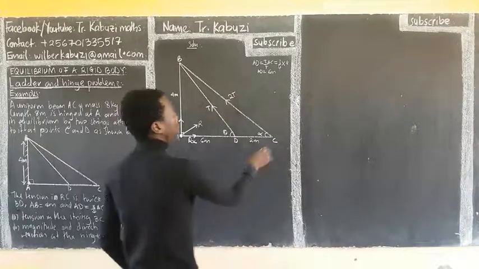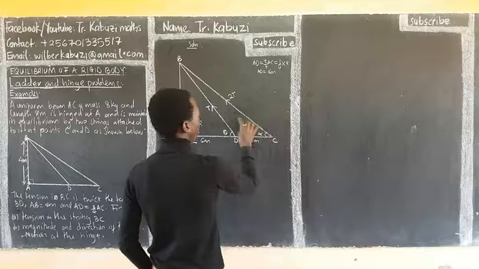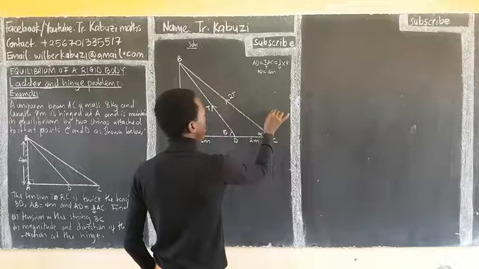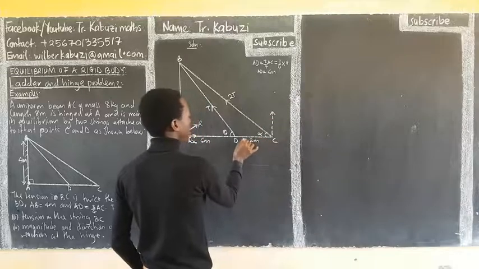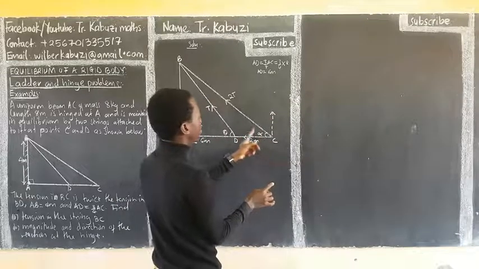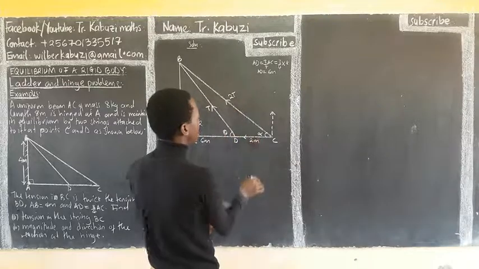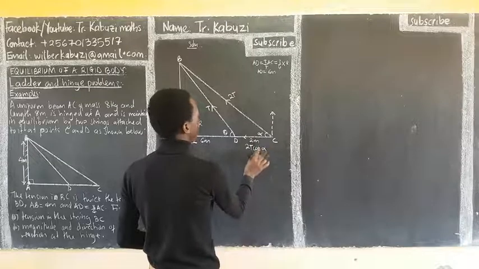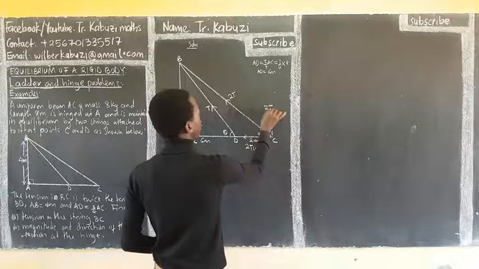Now, if I try to resolve this 2T, I'm going to have this case here. Be careful, and then I'm going to have this here. This is adjacent, so this is going to be 2T cos alpha. This one is going to be 2T.